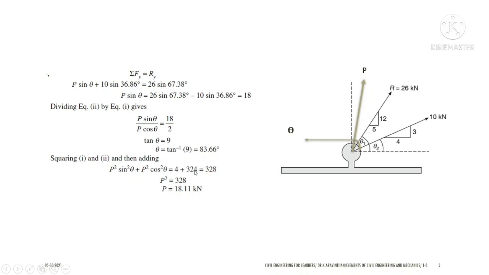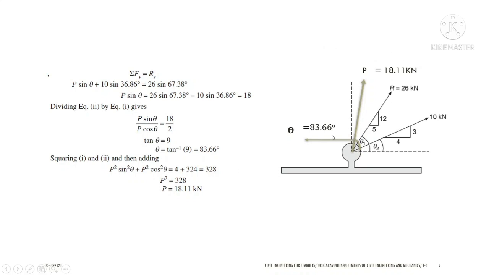So 18 square will be 324 and 2 square will be 4. You can add that, and you can take P square common, and sin square theta plus cos square theta will become 1, and you can root this value to find P. So you will get 18.11 kilonewton and theta as 83.66 degrees.